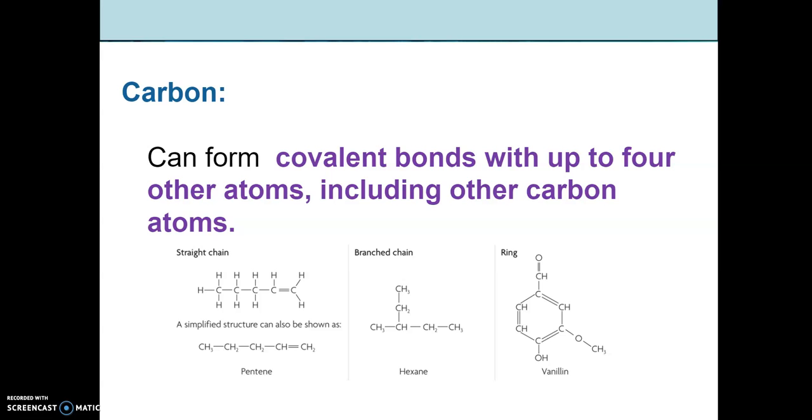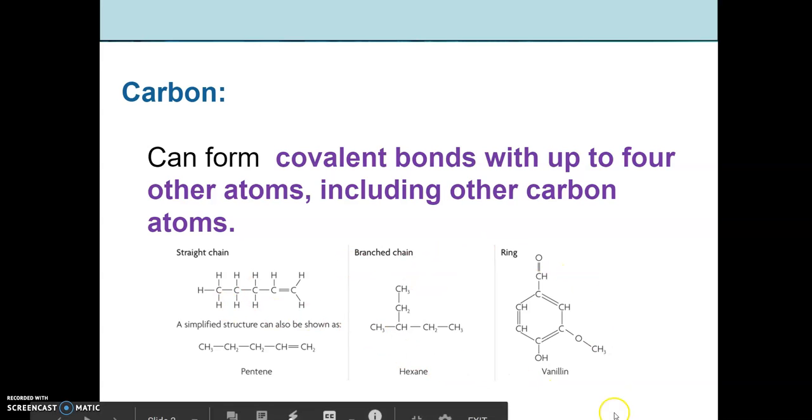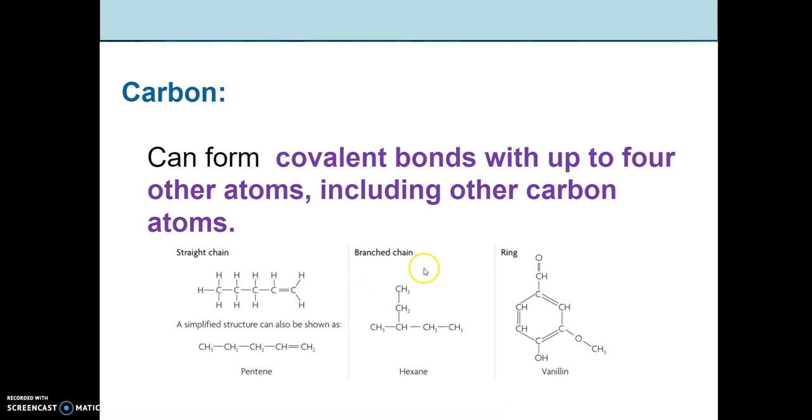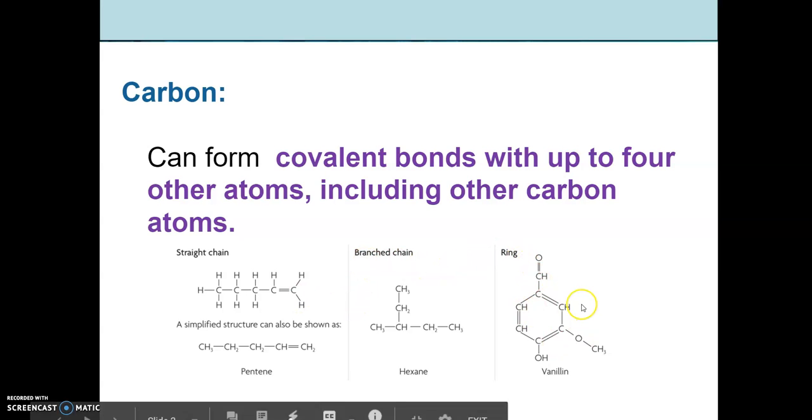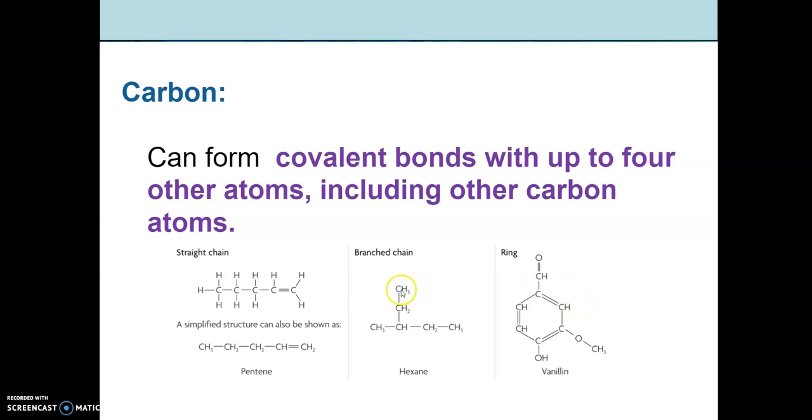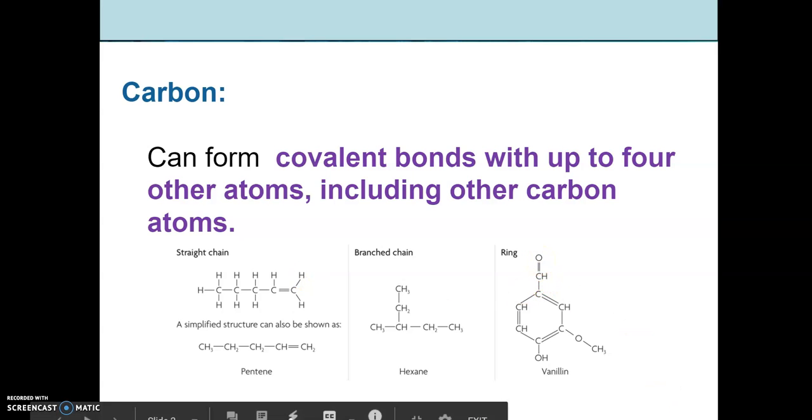We can see in the three examples here the different types of structures that you'll see in these molecules. We see a straight chain, and all of these little lines represent bonds. We see a branch chain, and we see a ring. And when we look at them, I can see that carbon can bind to hydrogen, and carbon can also bind to oxygen.